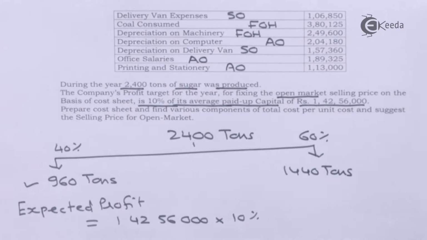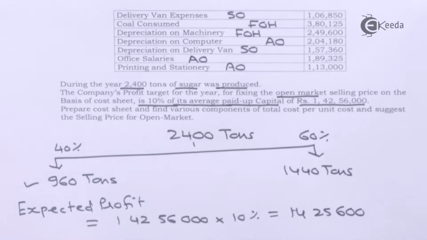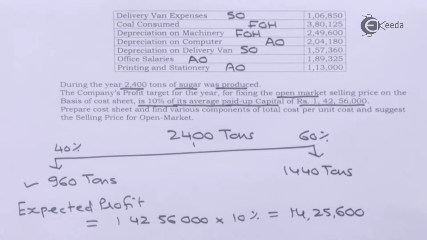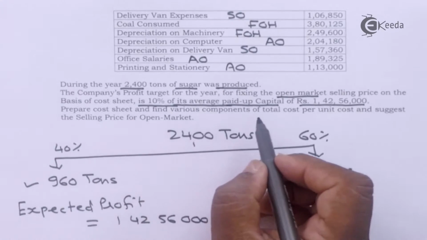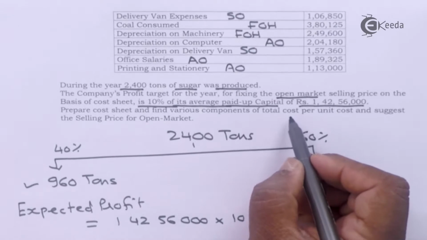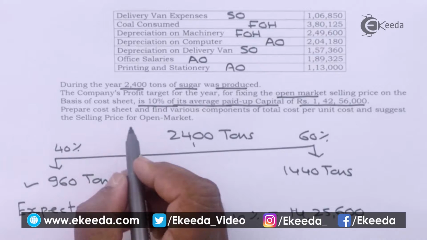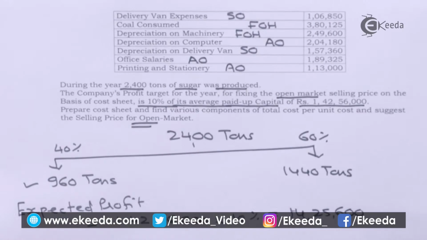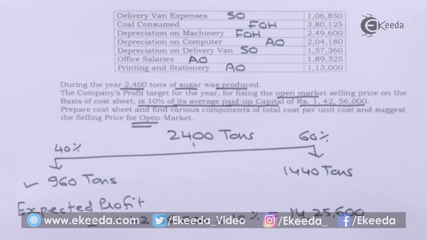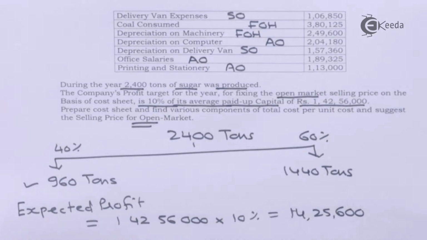Company share capital 1 crore 42 lakh 56,000, 10% of it. So expected profit will be 14 lakh 25,600. Prepare the cost sheet and find various components of total cost, per unit cost, and suggest the selling price in the open market. We have discussed all the elements of the question. Let us start doing the cost sheet.